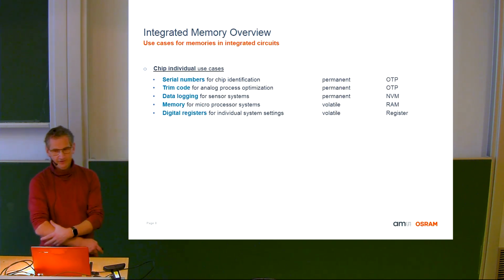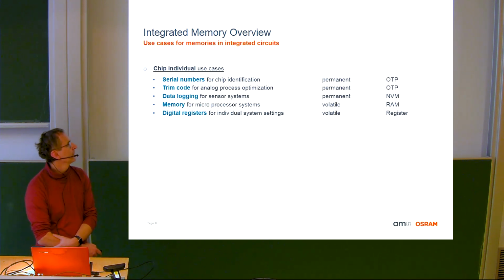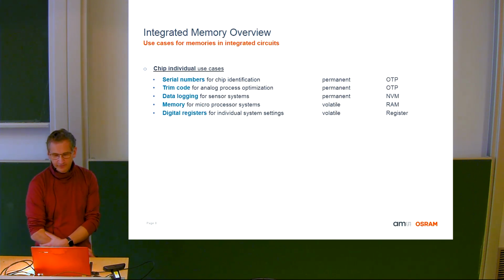If you want to create an oscillator at 10 megahertz and you get a spread from 5 to 20 megahertz, this is nothing you can use. So when you need to rearrange or re-optimize transistor values, absolute resistor values, for example, to get back to your nominal value, this is trimming.